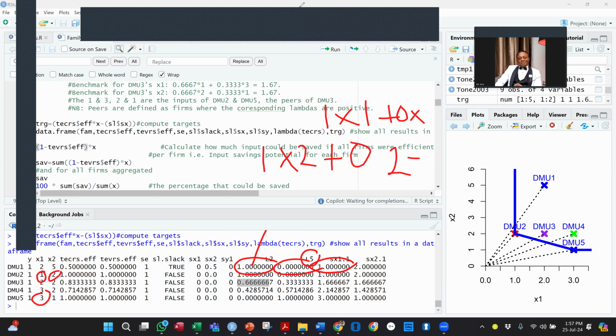So watch it. That's why I say both of them, you have to subtract the what? The slack. Oh, no, here you don't subtract the slack. You realize that? Yeah, but that is what I said I wanted to check. So you don't subtract the slack when you are using the lambda, but you subtract the slack when you are using the theta.